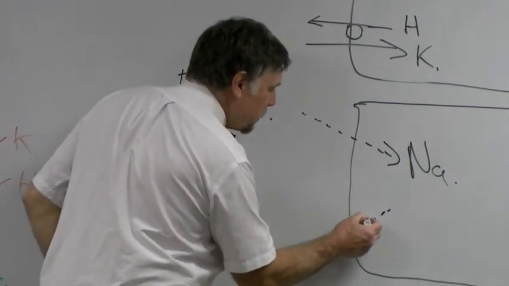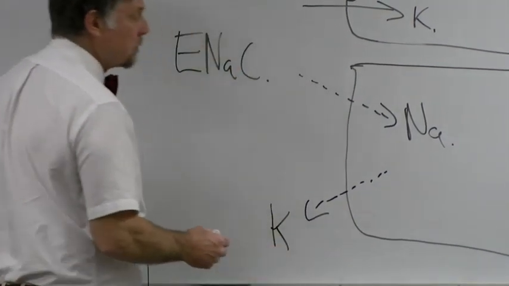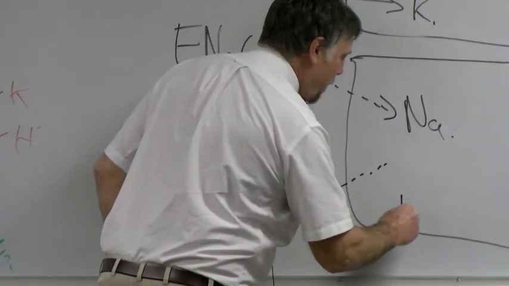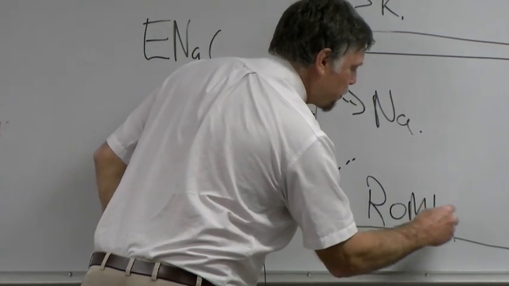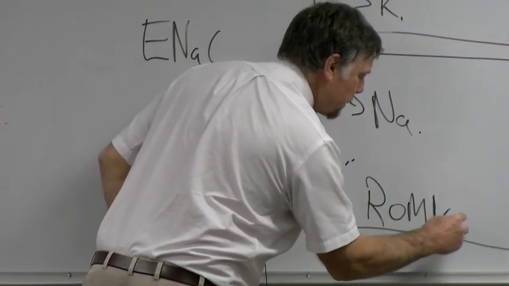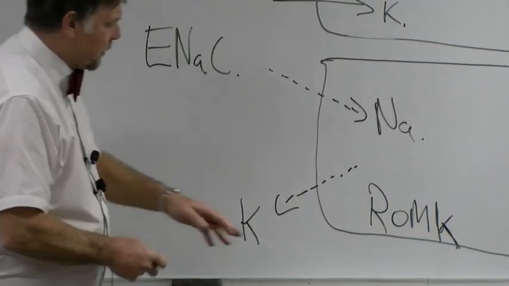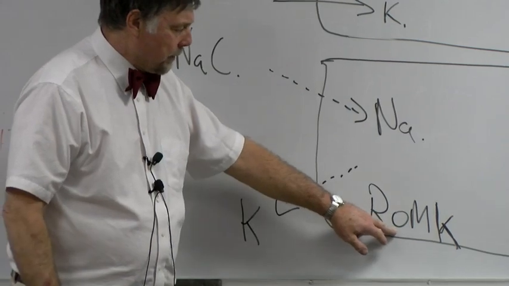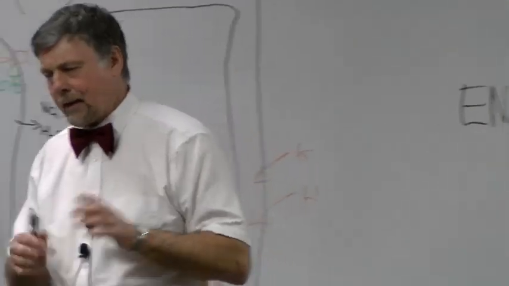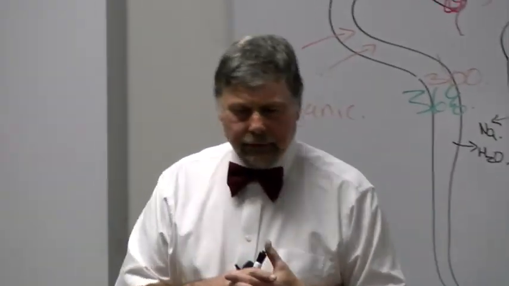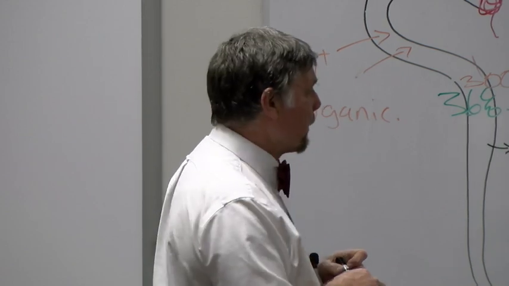And we have another channel. We call that ROMK. There are actually other channels too for potassium, but I'll just focus on ROMK. And just to be complete, renal outer medullary potassium channel. It's kind of an old-fashioned name.